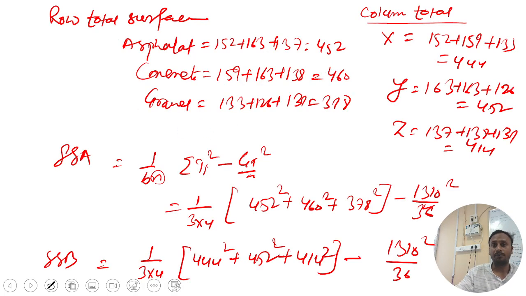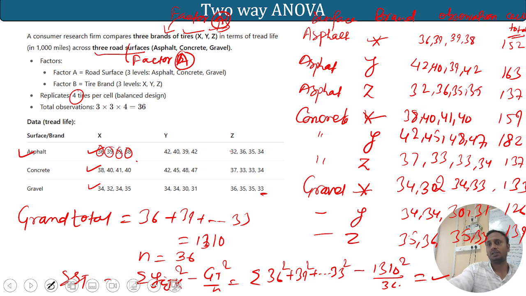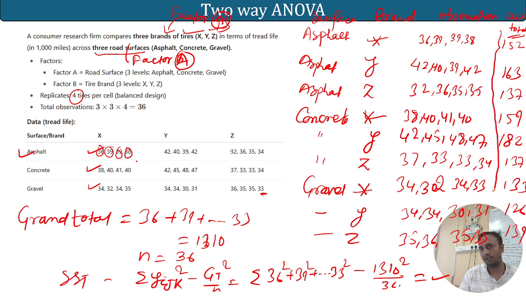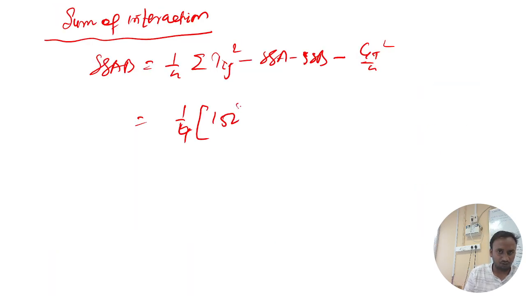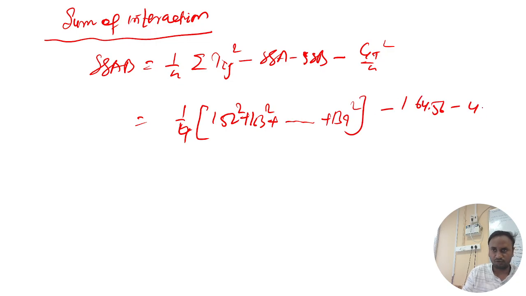Then we take all the cell totals and calculate all their summation square: 152 plus 163 square plus so on, 139 square, minus 1310 square by 36.